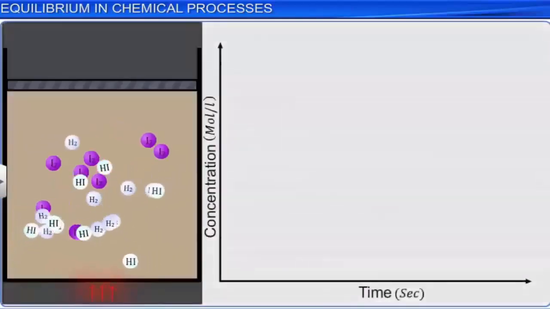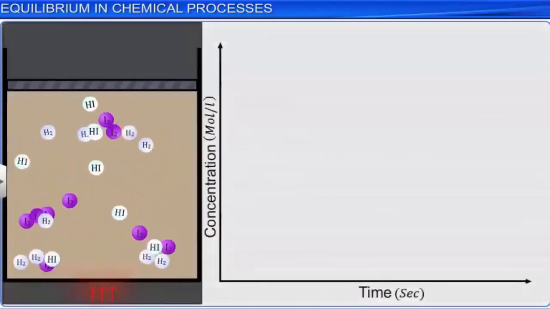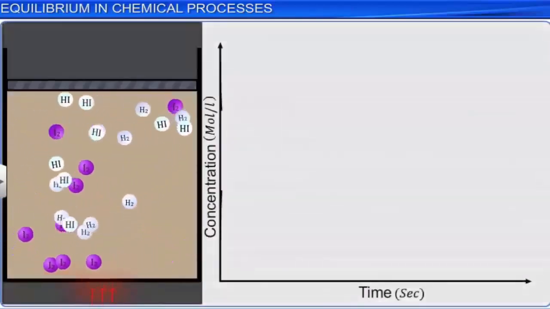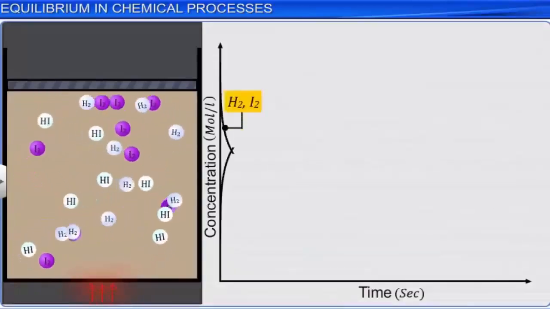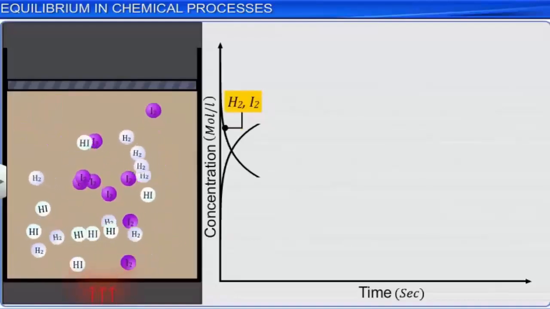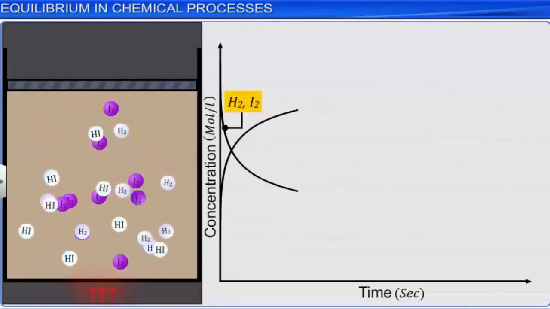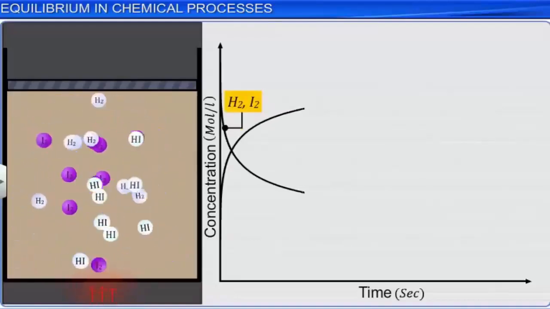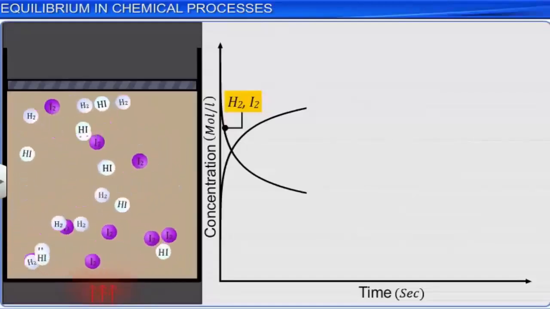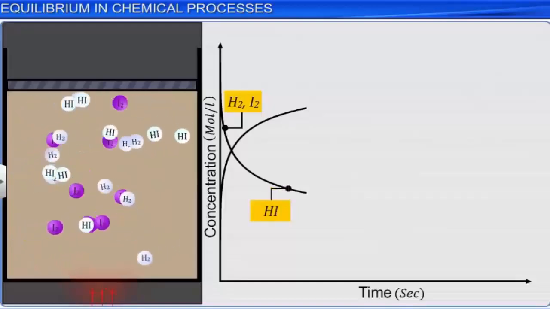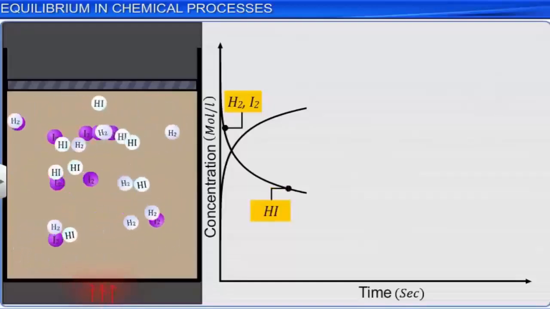This is because, as the reaction proceeds, the concentrations of hydrogen and iodine decrease as they are consumed, and hence the rate of forward reaction slows down. On the other hand, the concentration of hydrogen iodide increases with the progress of the reaction.